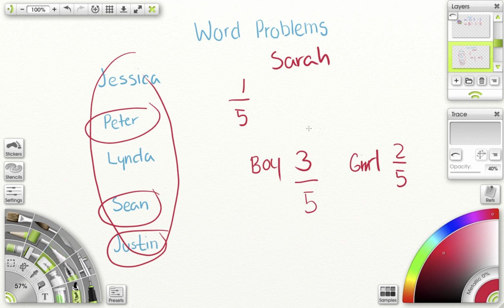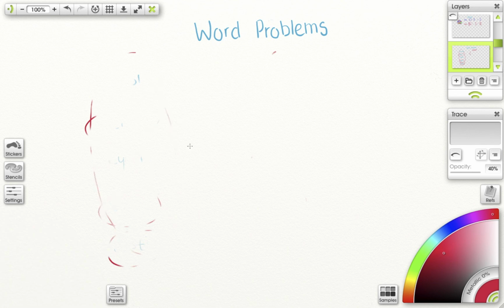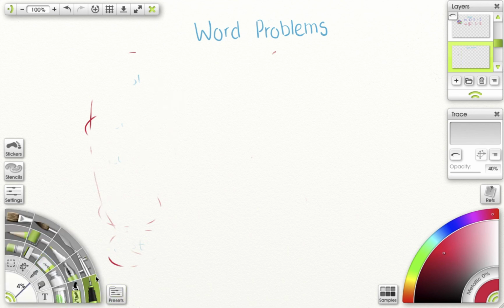Right? Let's talk about some other word problems. Let's say we have a die, and I'm playing a game with a friend of mine where if I land on 4 and below, I win a point.